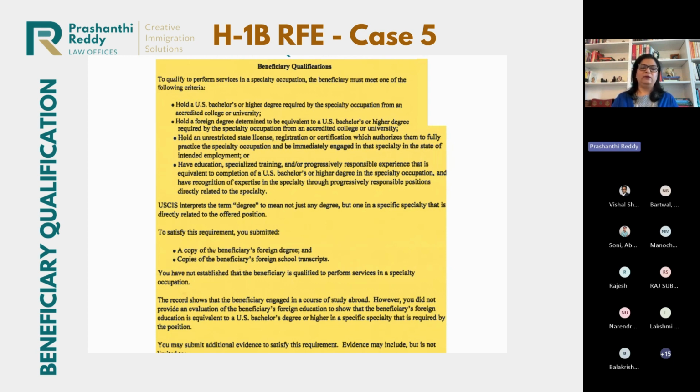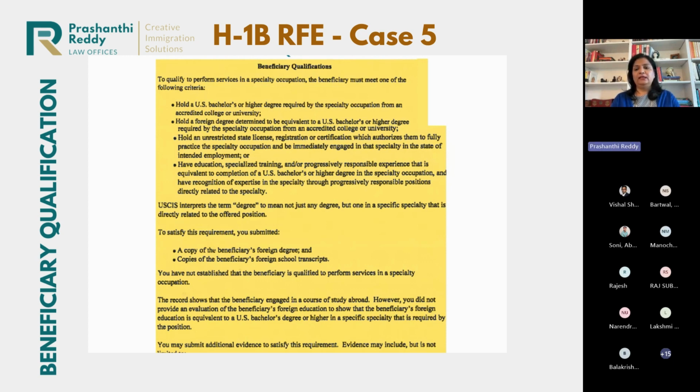So they want an evaluation showing that the person has the equivalent of a US degree and that the degree is related to the job that they're going to be working in. Or they have a license, or if they don't have a degree that's related, then you can show that they have work experience. So go to the next slide.